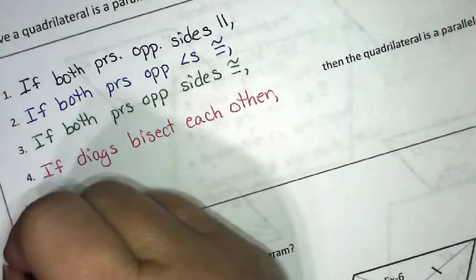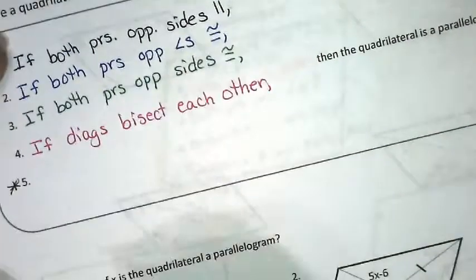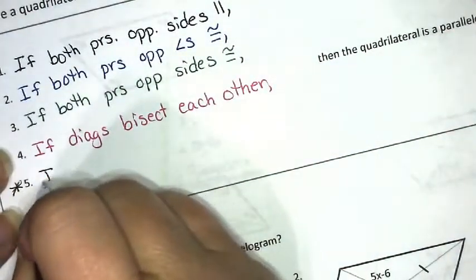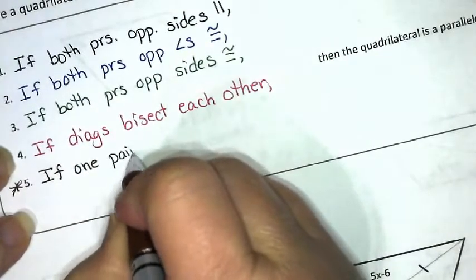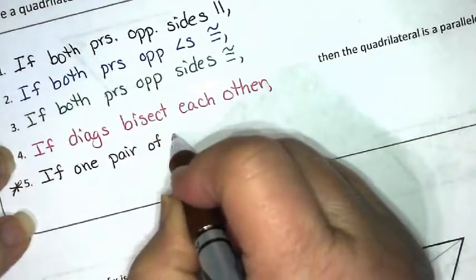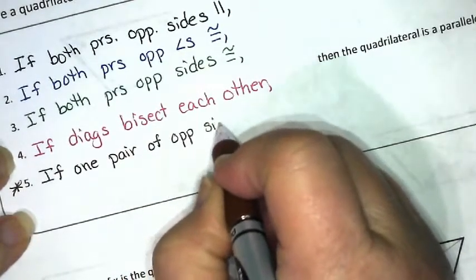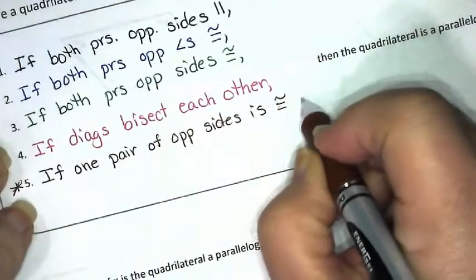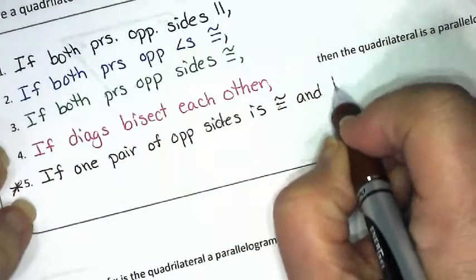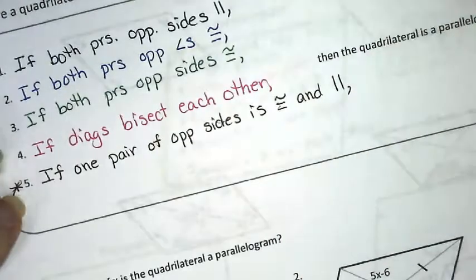You have to pay close attention to this one because this one's a little bit tricky. This one says if one pair of opposite sides is congruent and parallel, then it's a parallelogram.